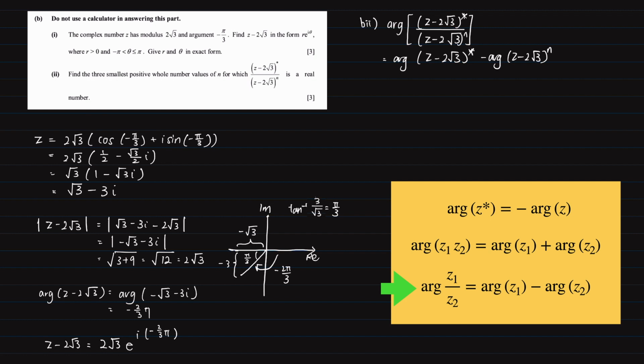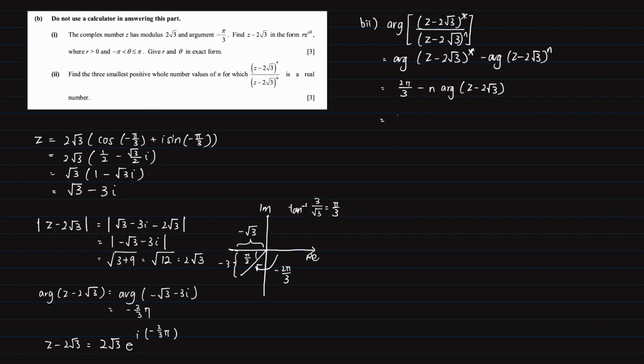To simplify this further, we are going to have 2 pi over 3, which is just the opposite sign of the original argument, minus n times the argument of z minus 2 square root 3. Simplifying, we will have 2 pi over 3 minus n multiplied by minus 2 pi over 3. This is the argument that we have found in the previous step. And this will give us 2 pi over 3, open a bracket, 1 plus n.